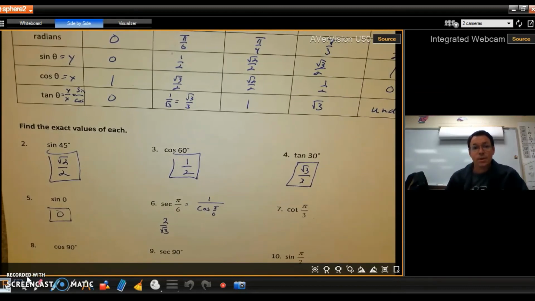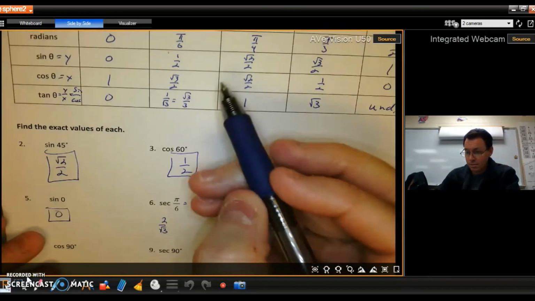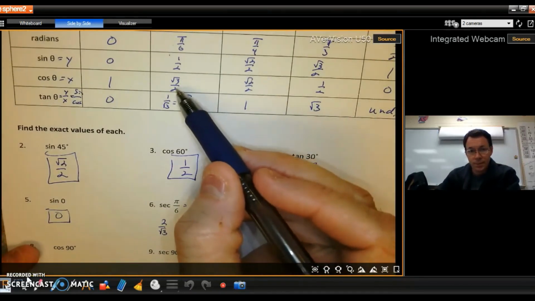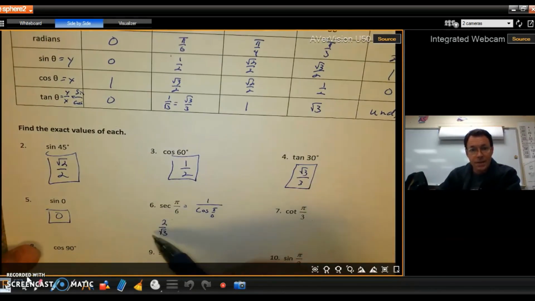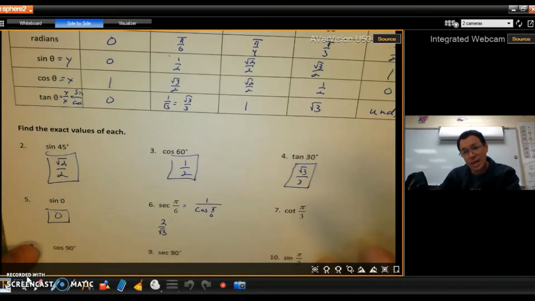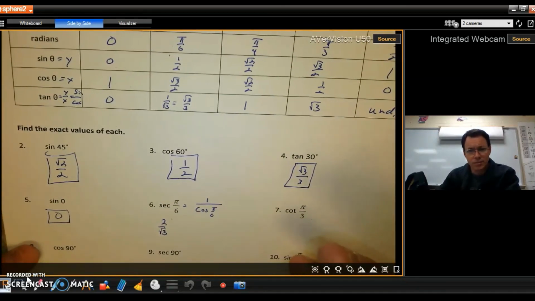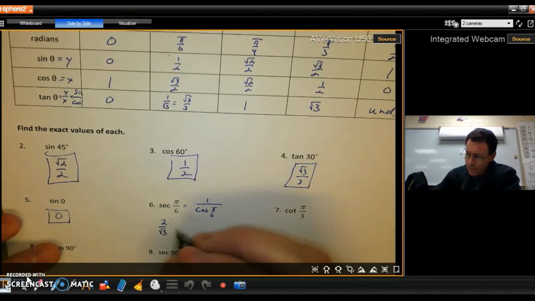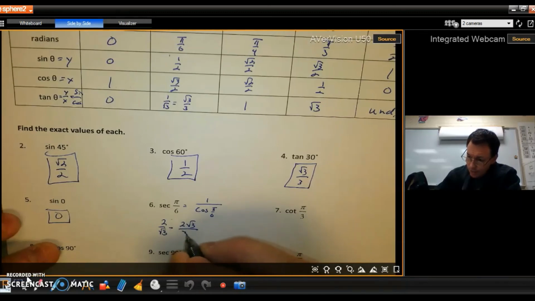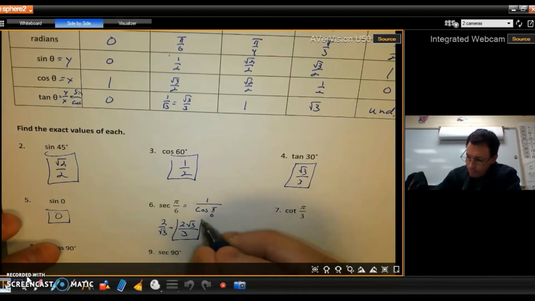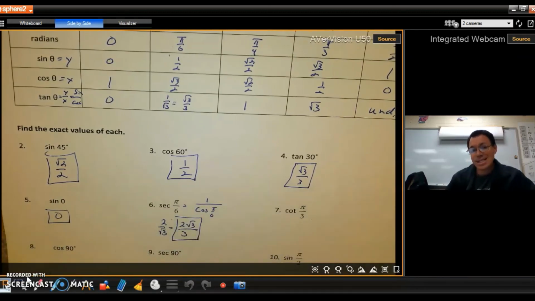So take the value that we know, flip it, and then if you need to rationalize it, do that in a second step. Don't try to do too much stuff in your head. So we bring the radical 3 up, and then write the radical 3 without the radical. That is the secant of pi over 6.